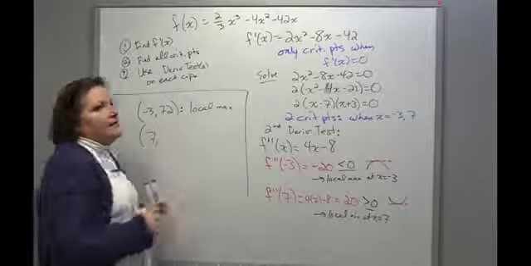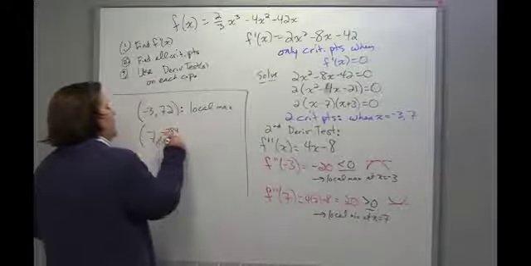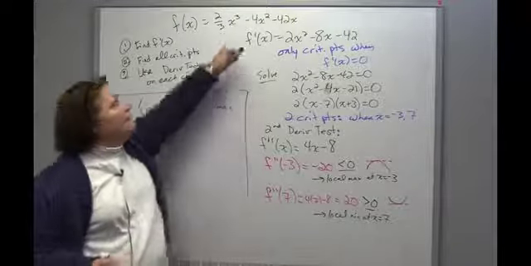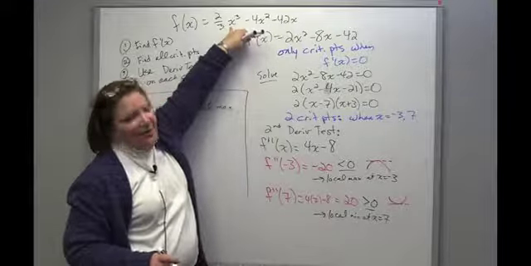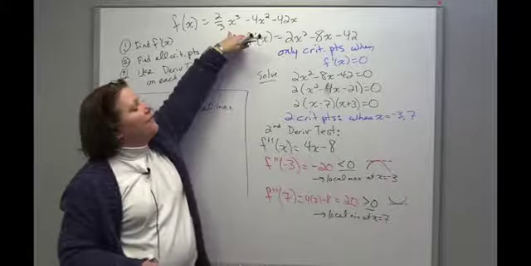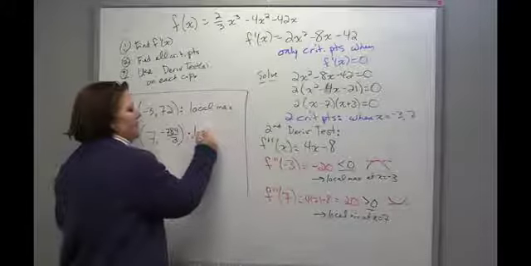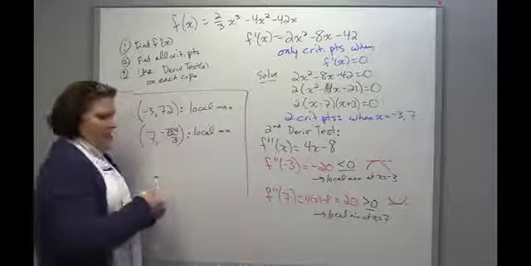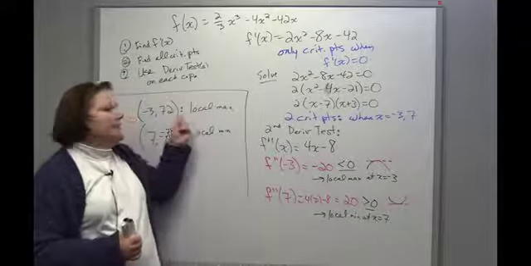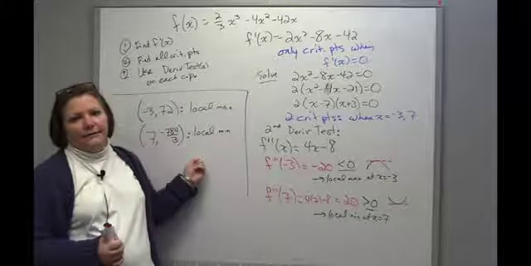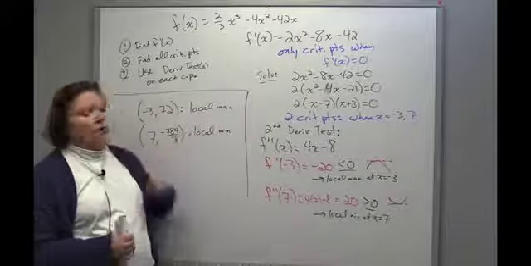And at 7, negative 784 over 3. Again, I plugged this in and wrote it down because I would not have remembered that. Negative 784 over 3 is the y value of this point, and this is a local min. And when we graph this and adjust our window appropriately, we can see exactly what's going on at these spots. And those are the exact y values for those local extrema.